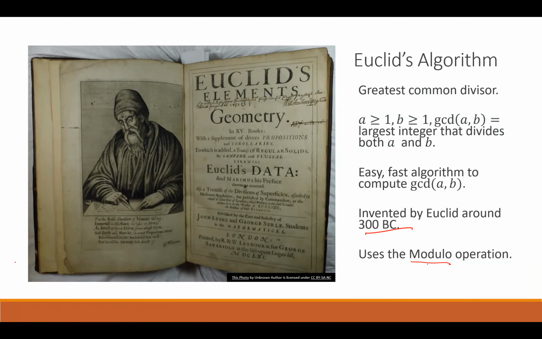And all we need basically is the modulo operation. Similar to division, but the modulo operation is the remainder. So if I have numbers a and b, and a is greater than b, and I divide a by b, then modulo gives me the remainder of that.